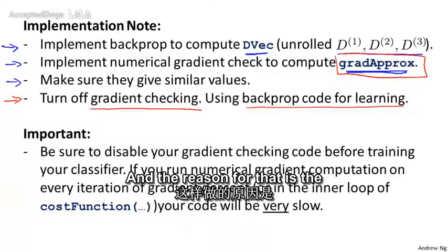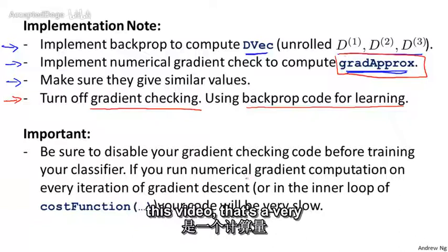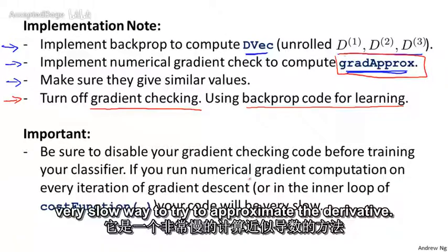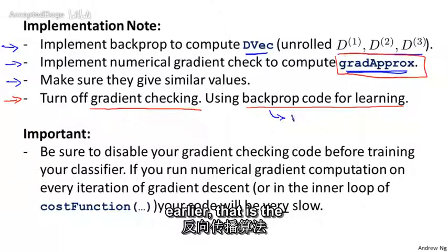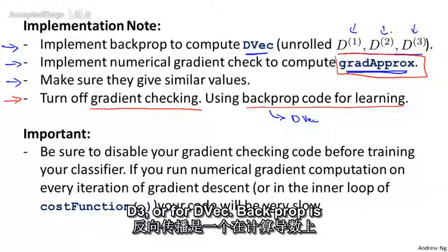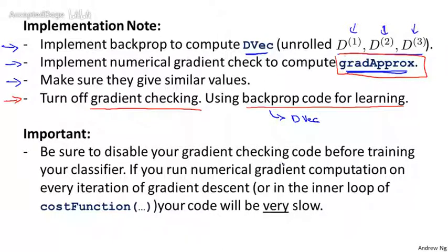And the reason for that is the numerical gradient checking code, the stuff we talked about in this video, is very computationally expensive. It's a very slow way to try to approximate the derivative. Whereas in contrast, the backpropagation algorithm that we talked about earlier, for computing D1, D2, D3, or for DVec, is a much more computationally efficient way of computing the derivatives.